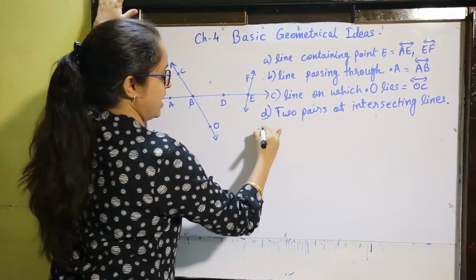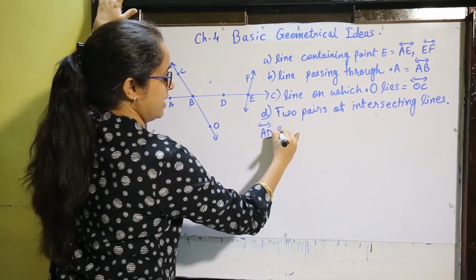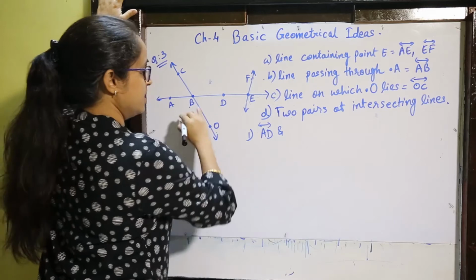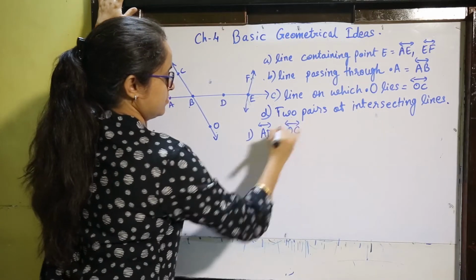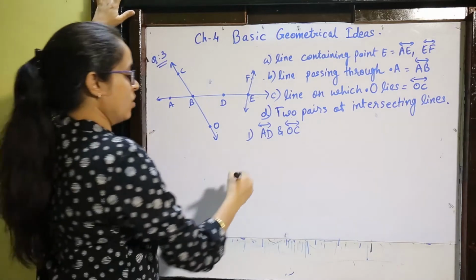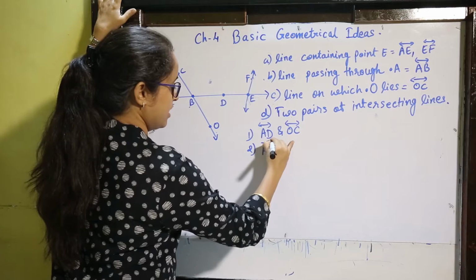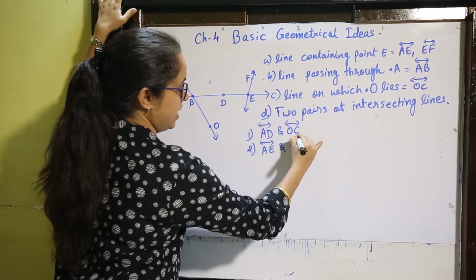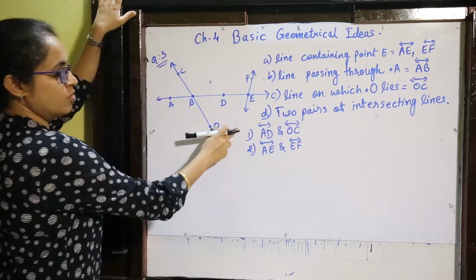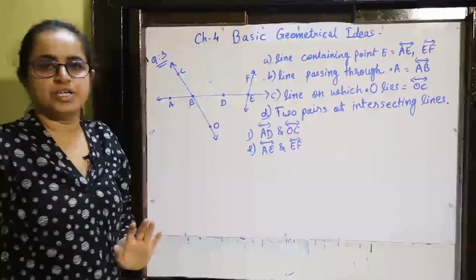Okay, so you can write first is AD and OC, and you can also write second name AE, line AE and line EF. These are 2 pairs of intersecting lines. So that's all in question 3.